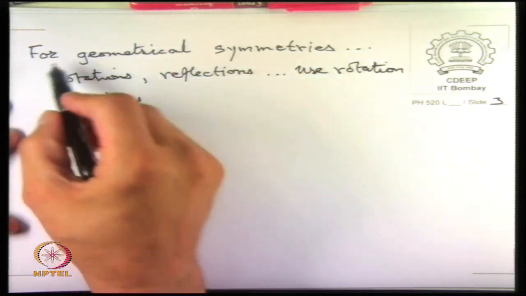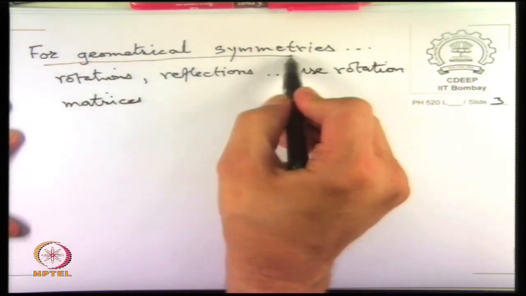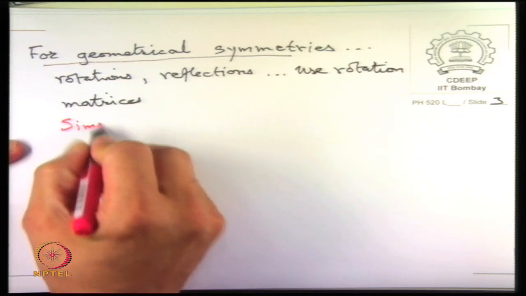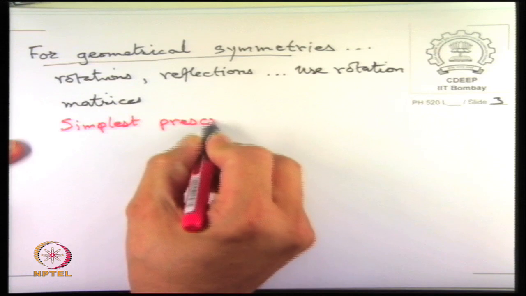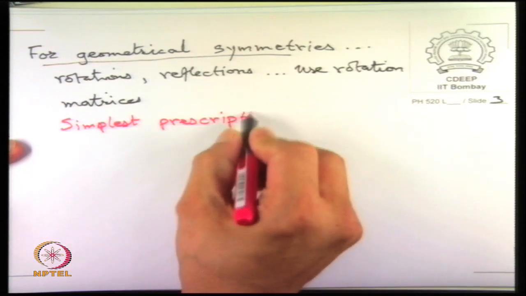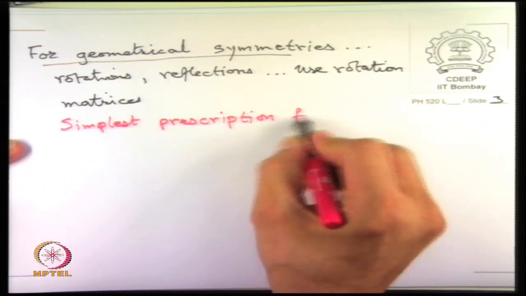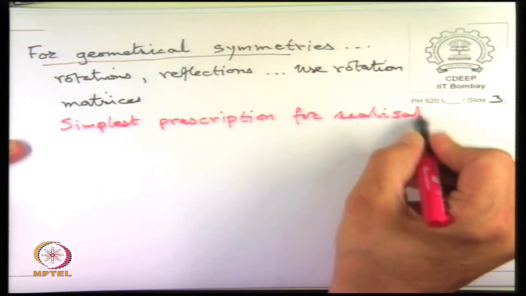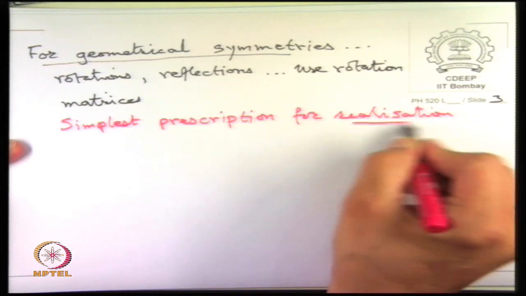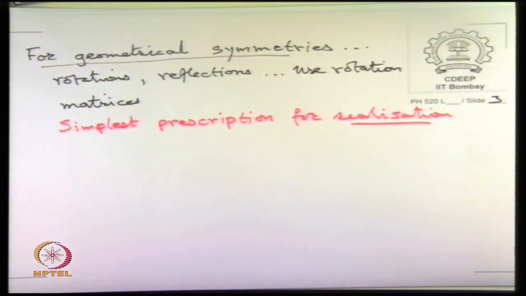This is the simplest way, and we will see that all the discrete groups can be described in this way as linear algebra operations, but when it is geometric it is the most obvious.